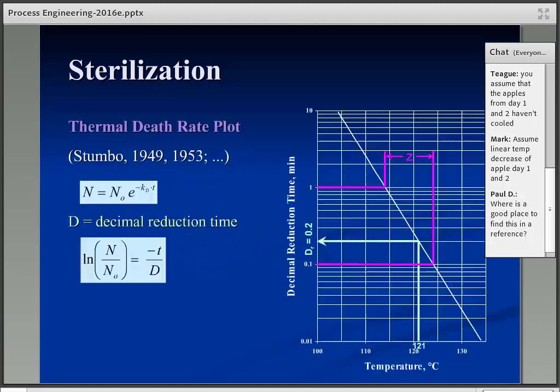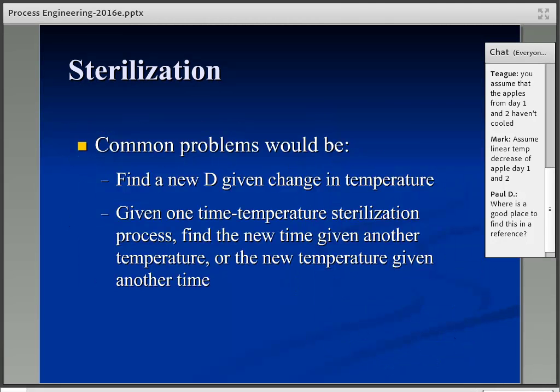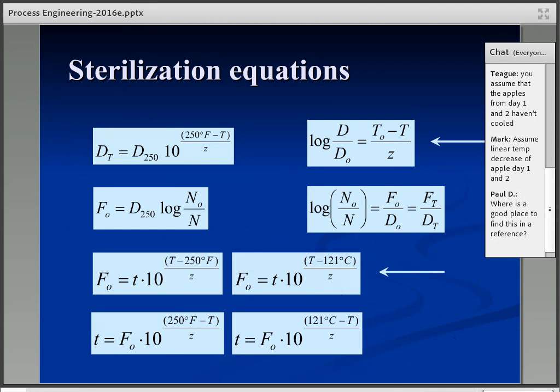I threw in a couple of the basic equations we were going along with. This is a slide of different rearrangements of those equations, but mostly there are two equations that you'll be using, and these are just variations on them.